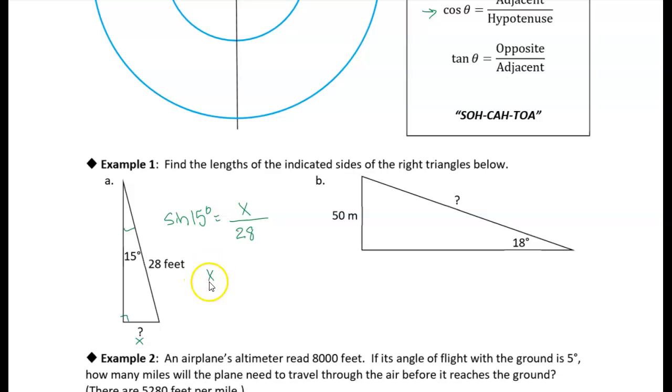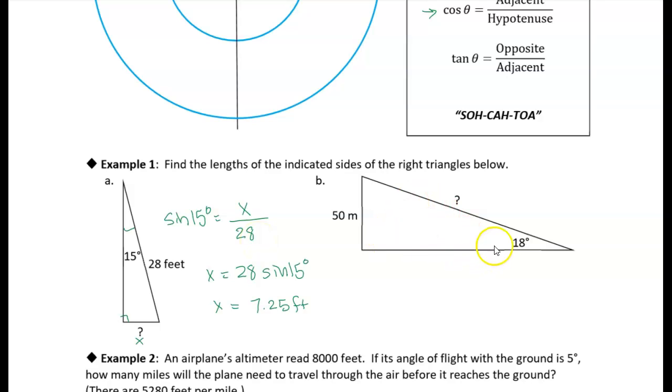If I multiply both sides by 28, I get x is equal to 28 sine of 15 degrees. And that's something I can put in my calculator. Make sure you have it in degree mode, if your angle's in degrees. So if I put it in degree mode and calculate this side length, I get 7.25 feet. I'm just using sine is opposite over hypotenuse.